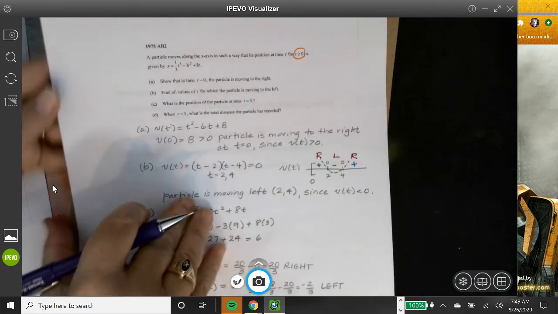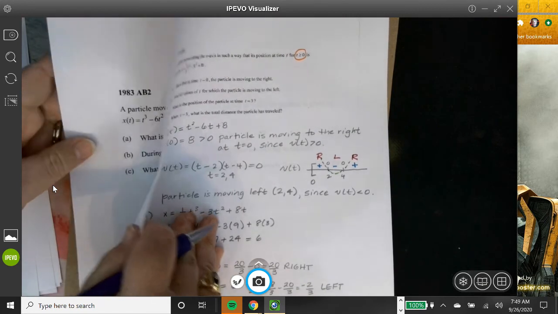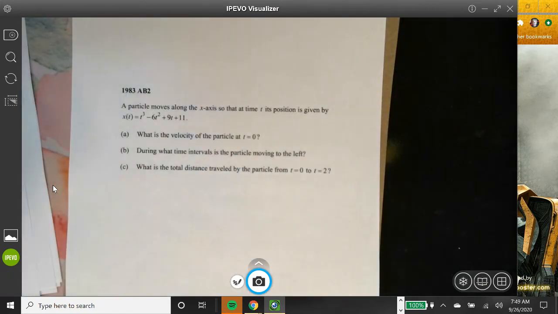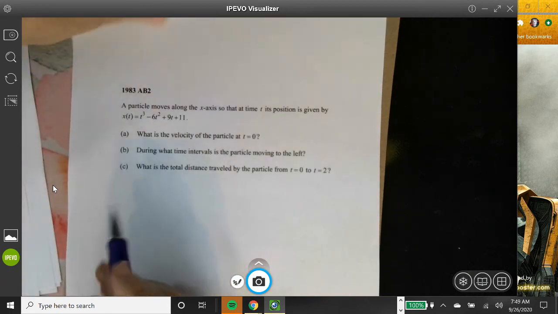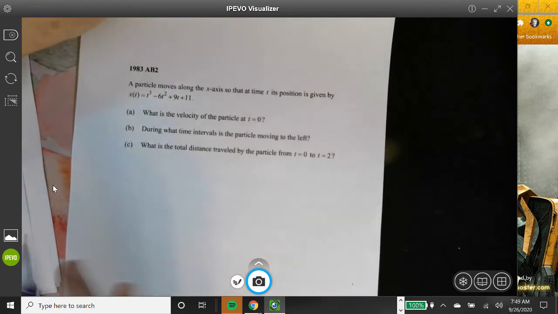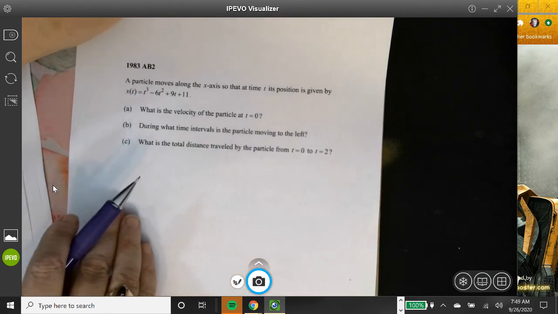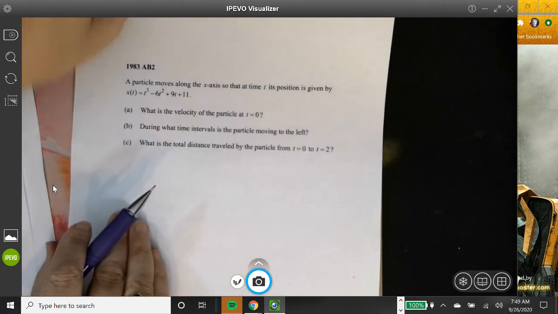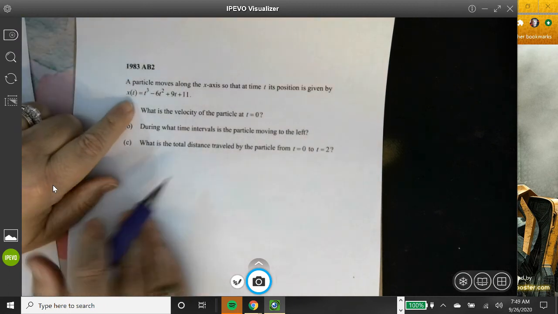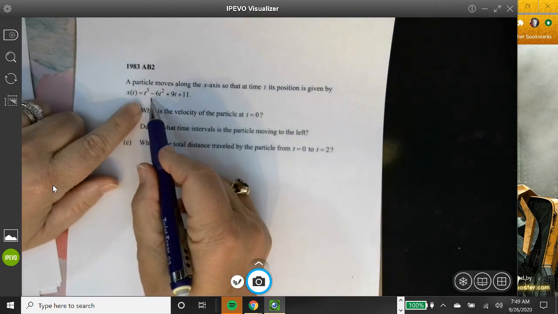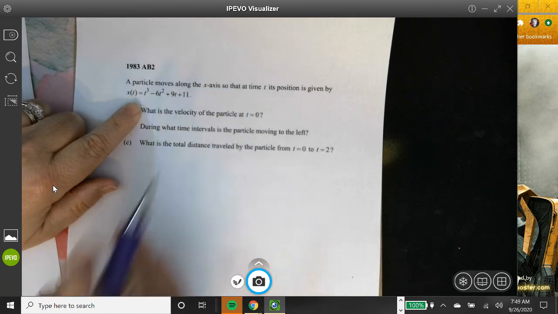All right, let's roll the clock one more time to 1983. We're doing particle motion over the decades, so hopefully you're starting to see a pattern to these things. The particle moves along the x-axis, so its position is given by t cubed minus 6t squared plus 9t plus 11.